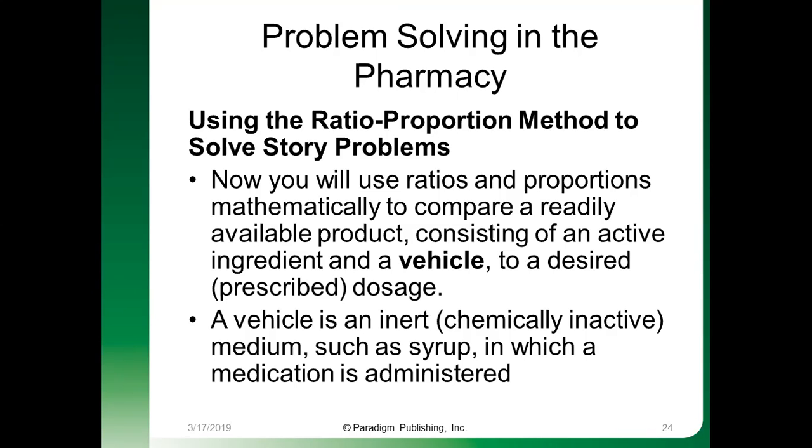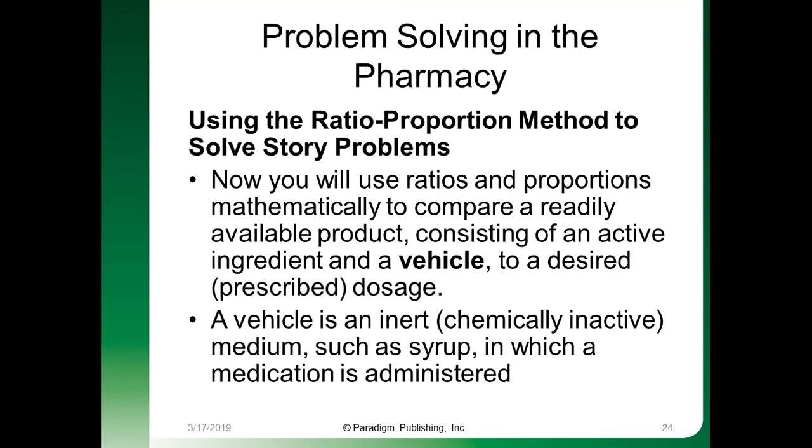So now you will use ratios and proportion mathematically to compare a readily available product consisting of an active ingredient and a vehicle to a desired prescribed dose. A vehicle is an inert, chemically inactive medium such as a syrup in which a medication is administered.